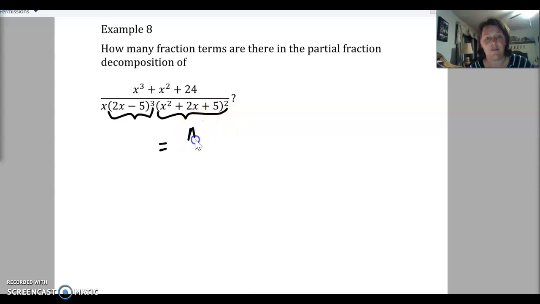So you're going to end up with a over x, and this only asks for the number, but I'm going to show you what they would all look like.